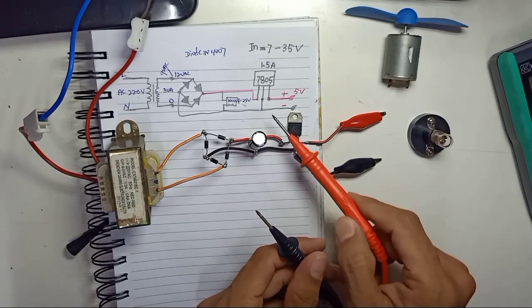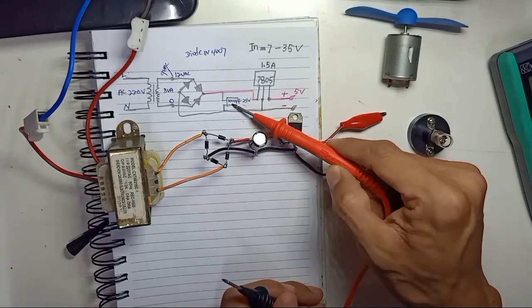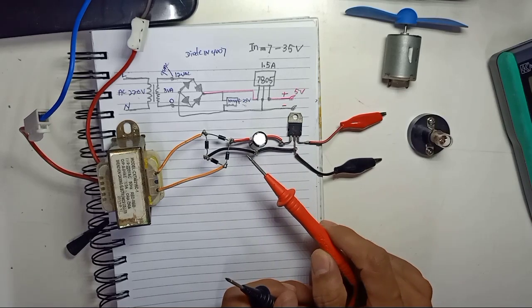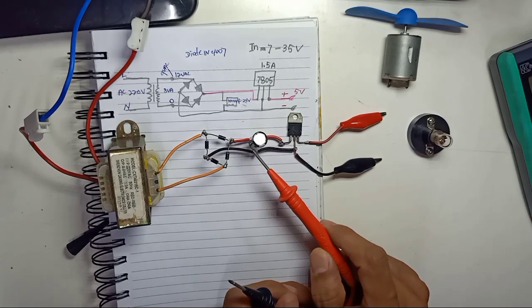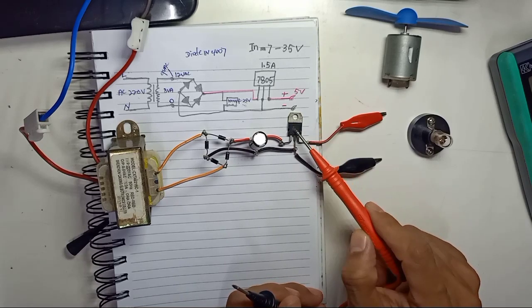So the capacitor's maximum voltage has to be higher than this output, and 1000 microfarad is the capacity, the energy storage.